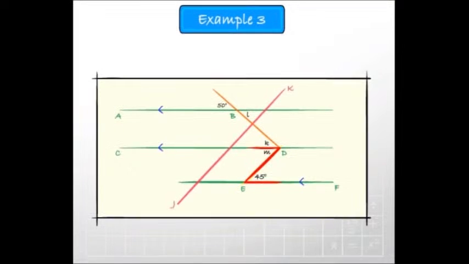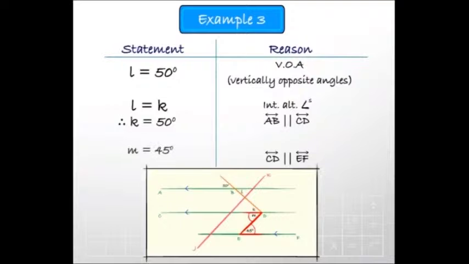So, you should already be thinking of alternate angles. We can therefore conclude that angle M is equal to 45 degrees because we have interior alternate angles, which has been caused by the parallelism of line CD and line EF.